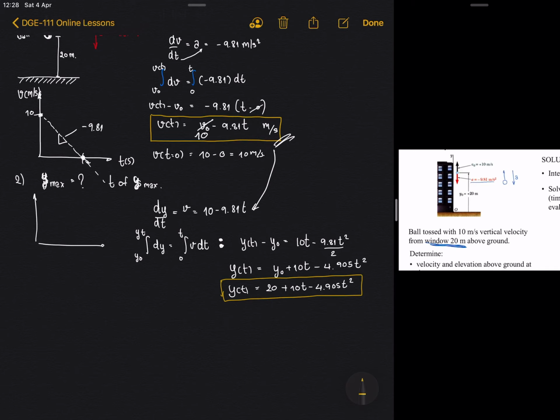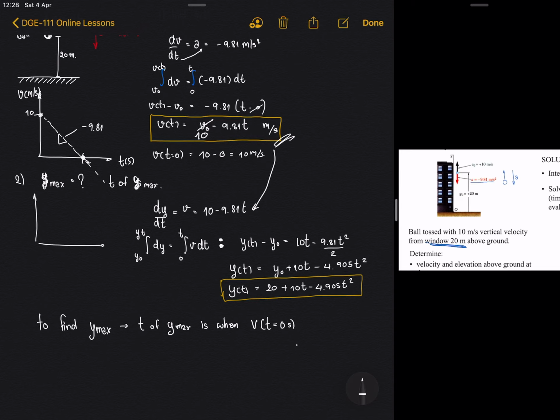so as I told you, to find y max, the time of y max is when v of t is equal to 0 seconds.